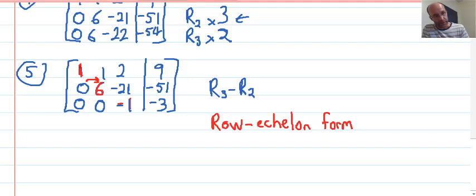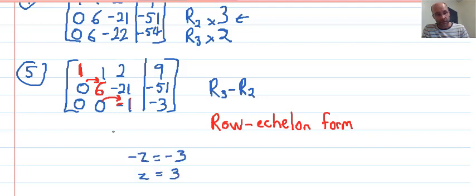So this one occurs here in column 1, the next row leader 6 occurs in column 2, and the next row leader -1 occurs in column 3. And to the left of those row leaders are always zeros, or it's the edge of the matrix as per row 1. So that's row echelon form, and then it gets pretty easy to determine the solutions.